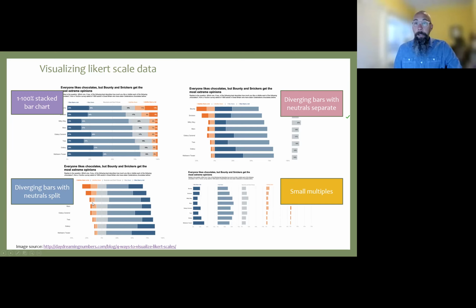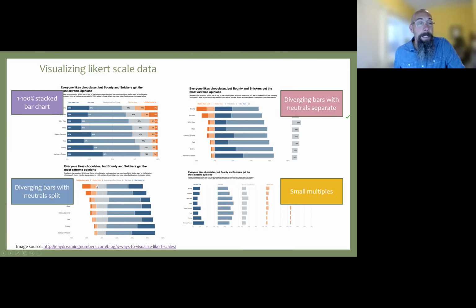All right, we could also do diverging bar charts. So the one that was on the previous slide was a diverging bar chart. And what that means is instead of left justifying the bars, what if we lined up the middle of the neutral value? So we're going to line up these. This is how many people were neutral on each one.